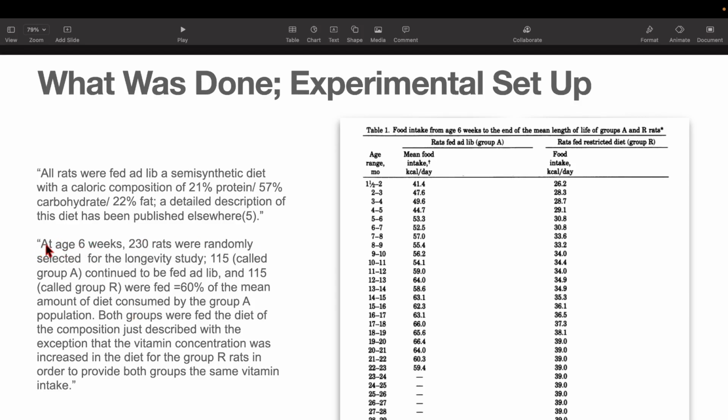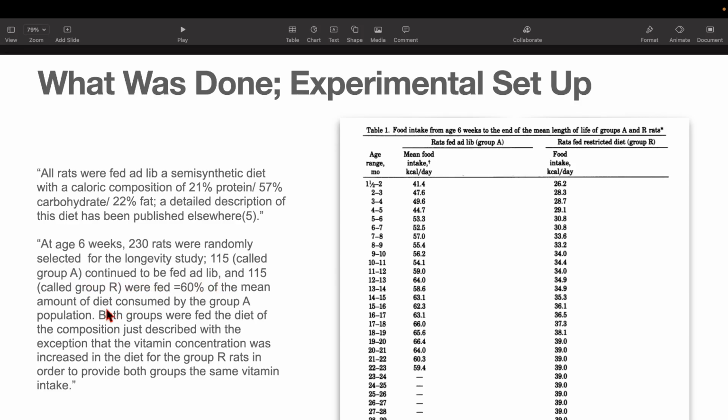What they said then, as far as the setup, as far as the difference between the ad libitum fed rats, so the rats fed as much as they wanted, and the calorically restricted rats, is that at age 6 weeks, 230 rats were randomly selected for the longevity study. 115, called Group A for ad libitum, continued to be fed ad libitum.